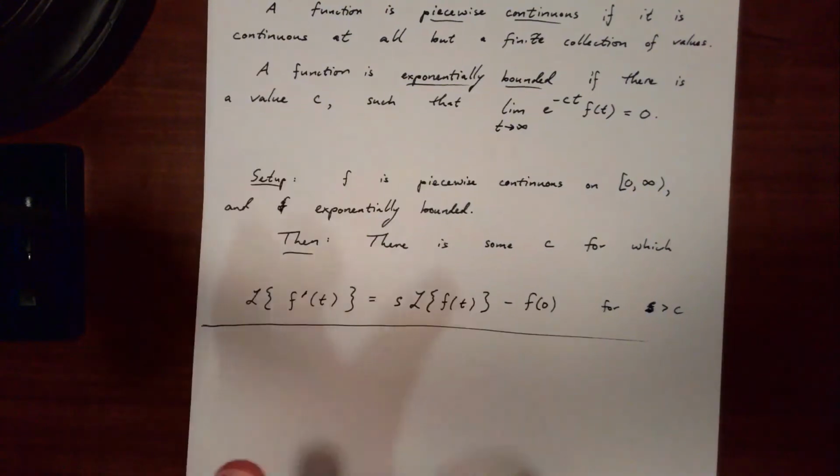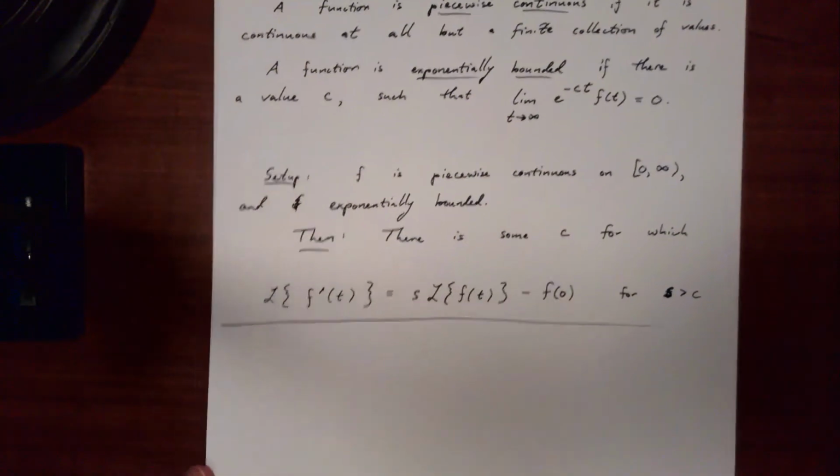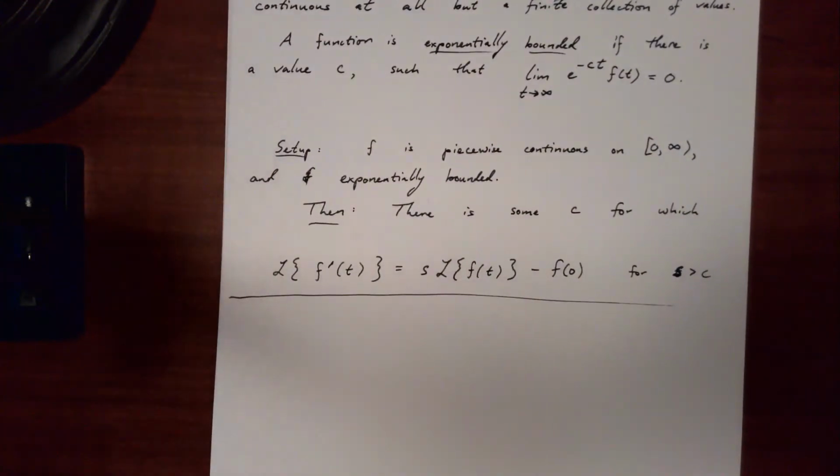This formula right here. What this formula is basically telling us is that under the new regime of Laplace transforms, taking a derivative is going to be accomplished merely by multiplying by an s and then subtracting the initial value. So that is going to be our main tool for solving all sorts of initial value problems.